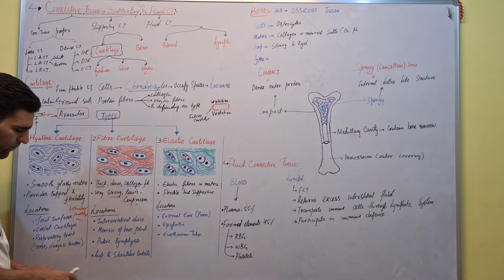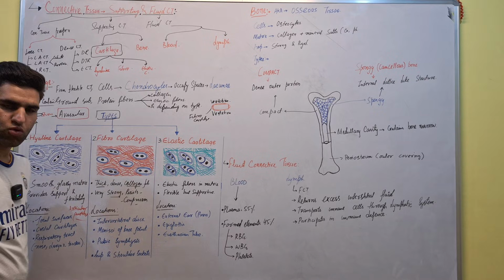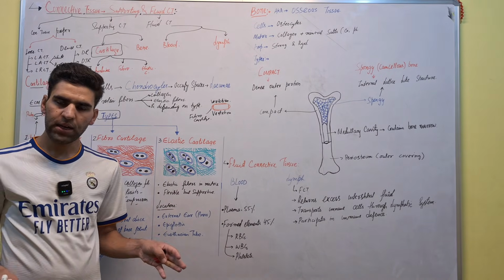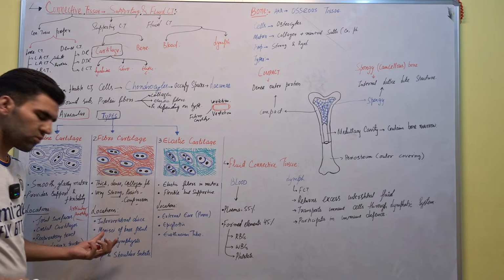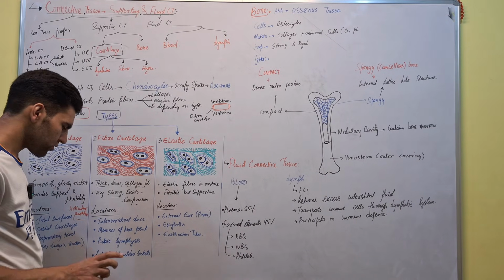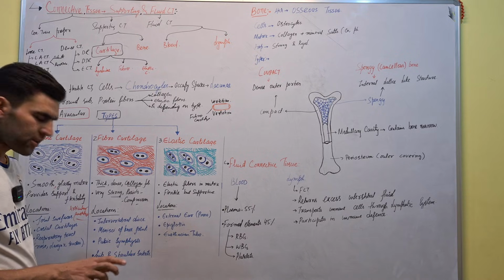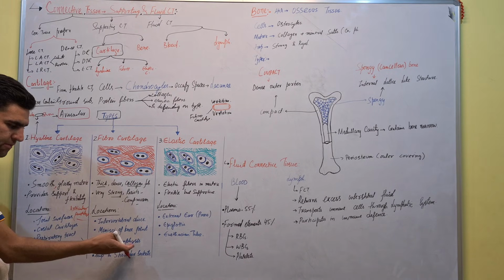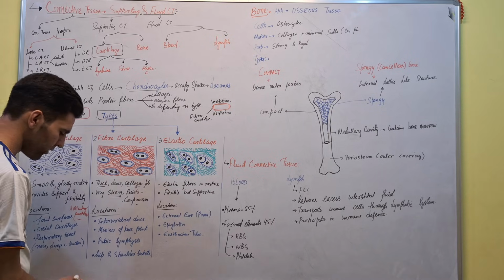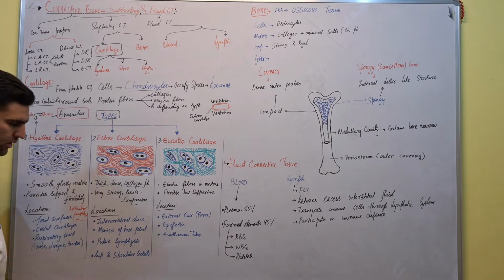Then we have the menisci of the knee. We have two menisci in the knee joint, the lateral one and the medial one. They distribute the weight, or the force, and stabilize the knee joint. Then we have the pubic symphysis, which connects the left pelvic bone with the right pelvic bone, and it is also present in the hip and shoulder sockets as well.